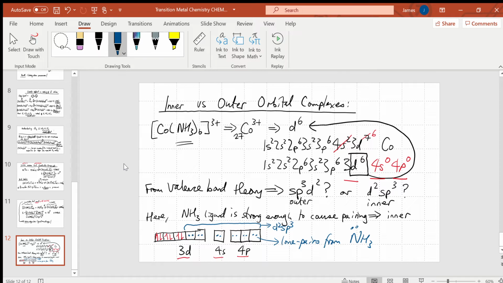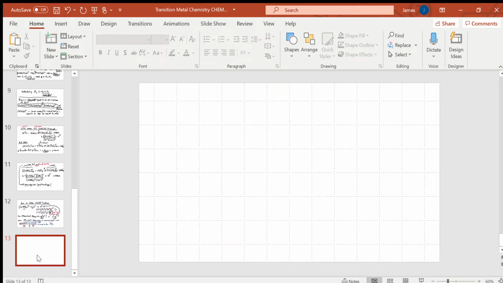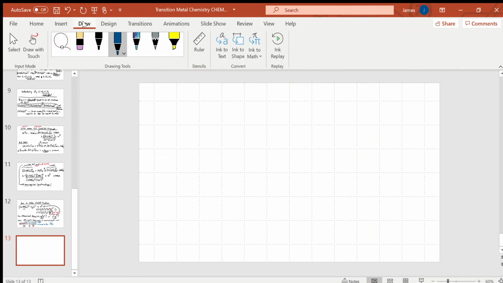Okay, let's look at another example which would form outer orbital complexes. So let's insert a new slide. Alright, let's go back to black.